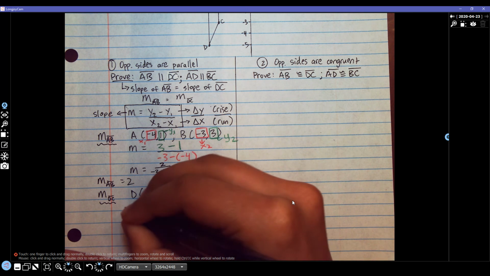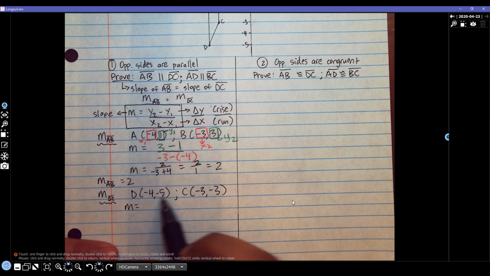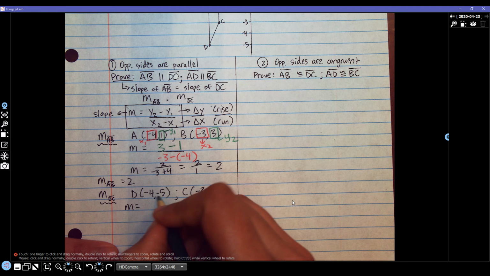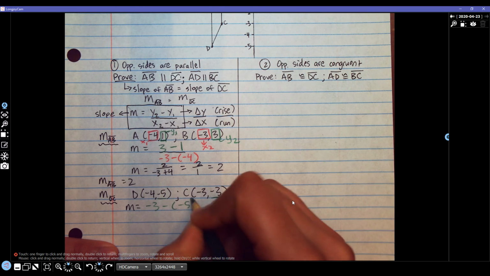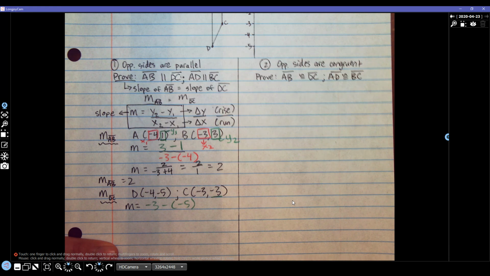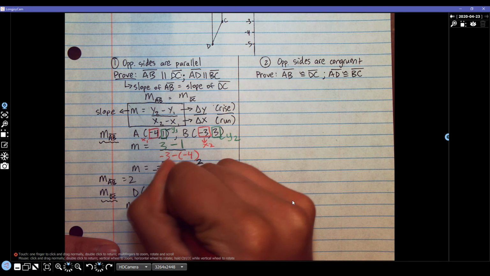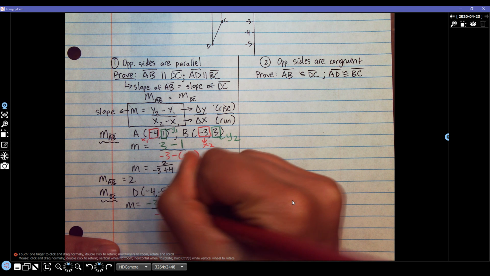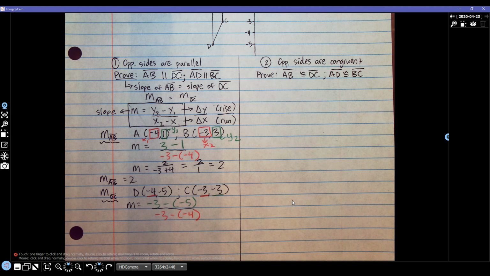So our slope is going to be rise over run. So my y value is over here, -3 minus -5 over, we have the -3 minus -4. So these are our difference of x values.